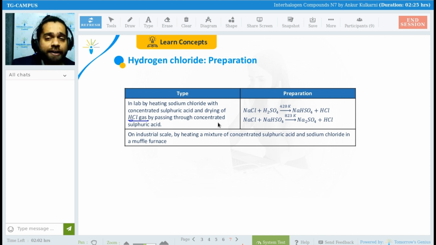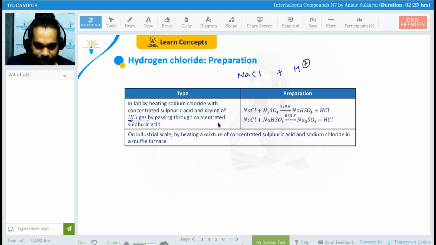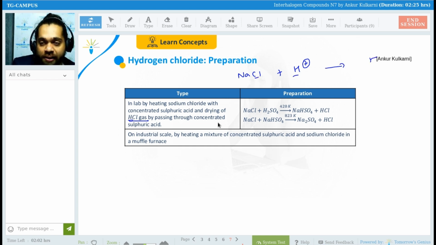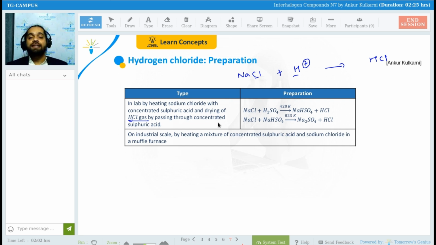So I take sodium chloride, Na and Cl, and I take another acid, not HCl since we want to prepare HCl. Obviously H plus and Cl minus come together to give you HCl. Simple as that.